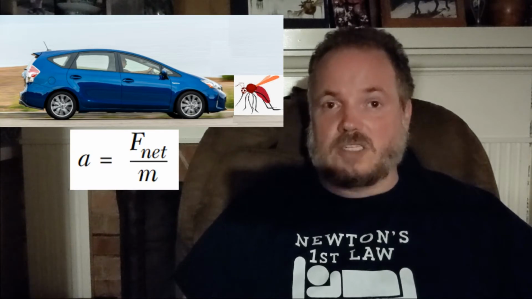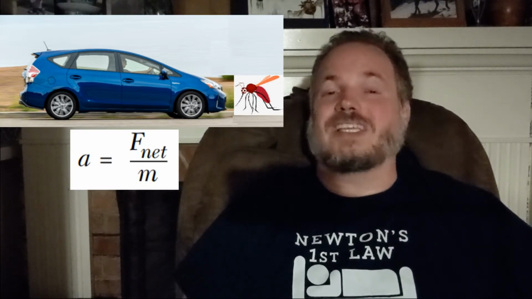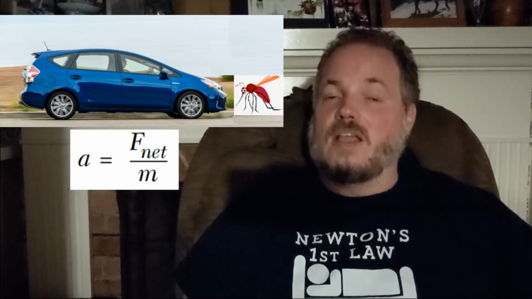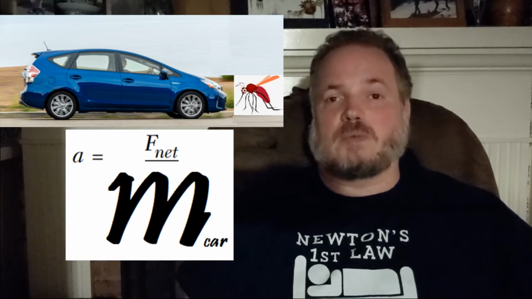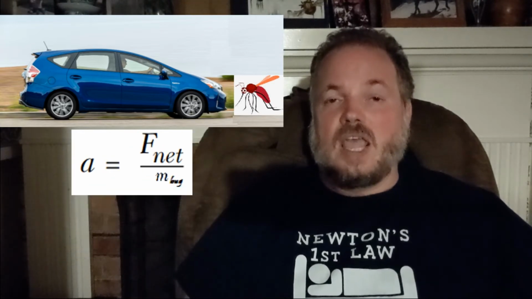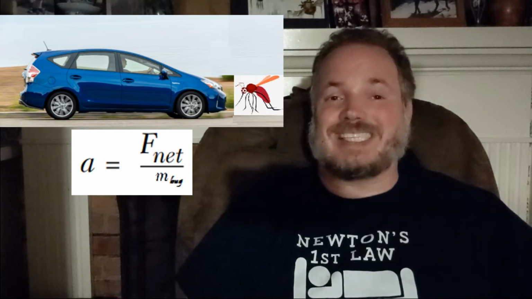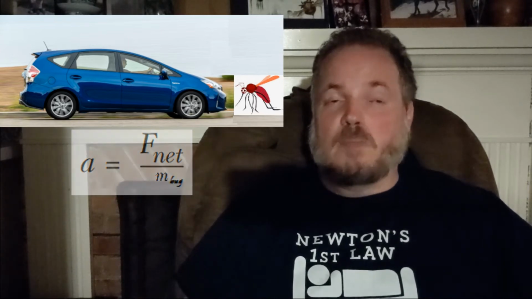The huge difference was the acceleration. Remember, Newton's second law tells us acceleration is equal to force divided by mass. The car has millions of times more mass than the bug does. And so while they both experience the same force, the bug experiences millions of times more acceleration.